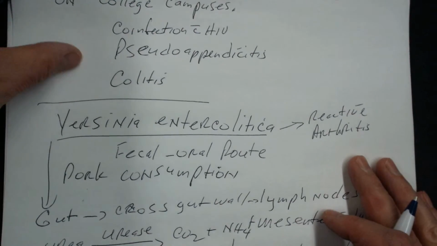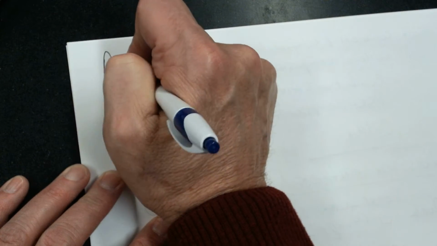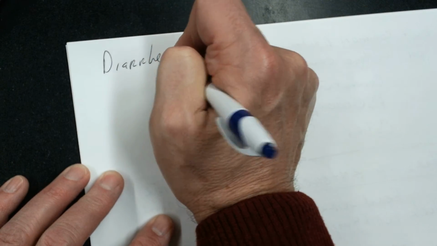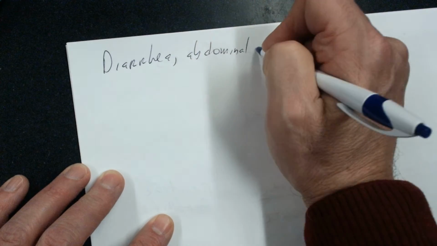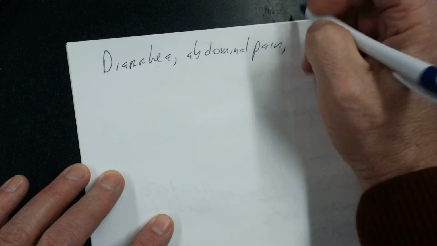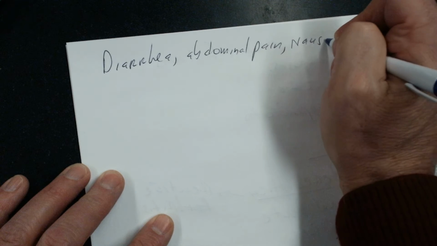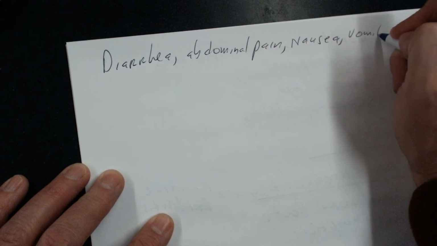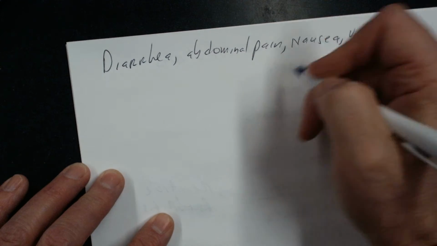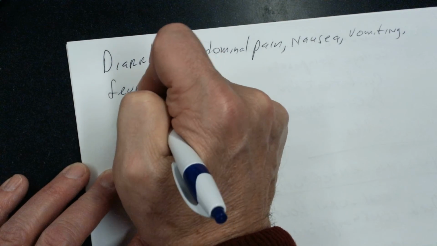So you get diarrhea and abdominal pain, nausea, vomiting, and you also get fever.